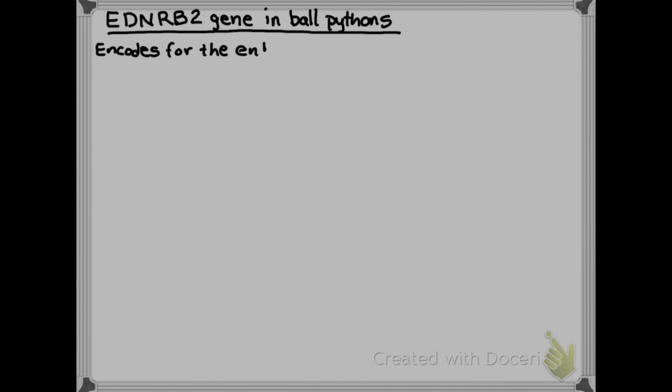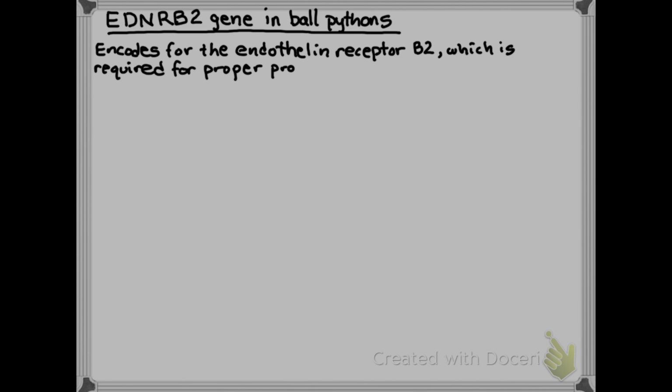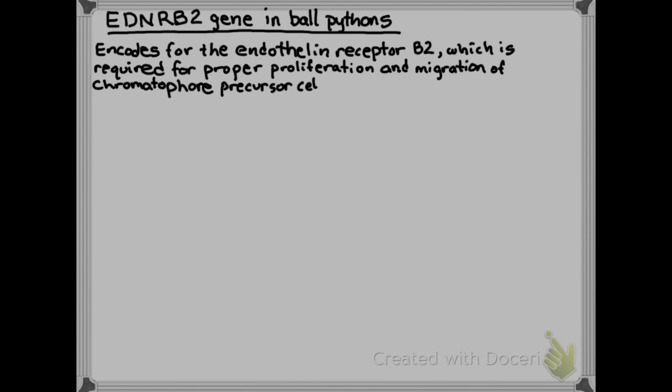So the EDNRB2 gene encodes for the endothelin receptor B2, which is required for proper proliferation and migration of chromatophore precursor cells. Those are the different cells responsible for producing the different pigments that we see in ball pythons. The EDNRB2 gene has multiple alleles that we're going to talk about in this video.